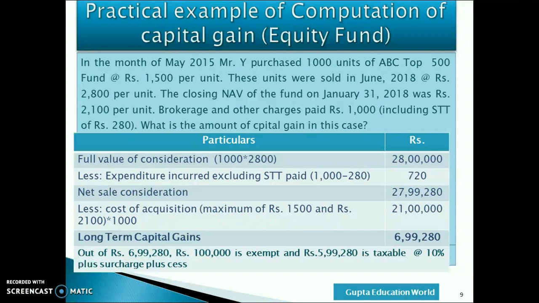So our net cost of acquisition is 21 lakh. So our long-term capital gain is 6 lakh 99,280. Out of this amount, rupees 1 lakh is exempt and rupees 5 lakh 99,280 is taxable as capital gain, on which you have to pay 10% plus surcharge plus cess.